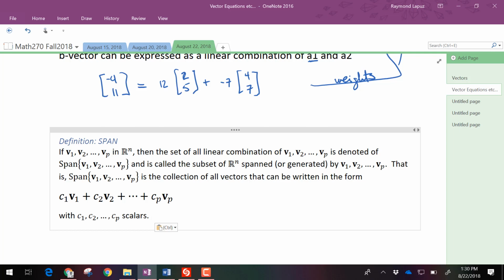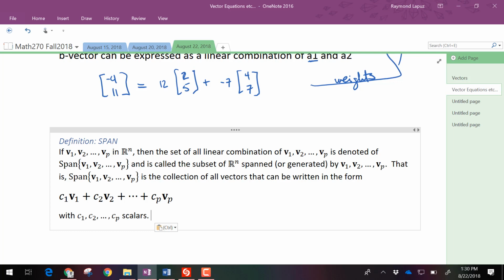Okay, so now we have a span. If you have a set of vectors, then you can describe the span of those vectors as any linear combination of those vectors.